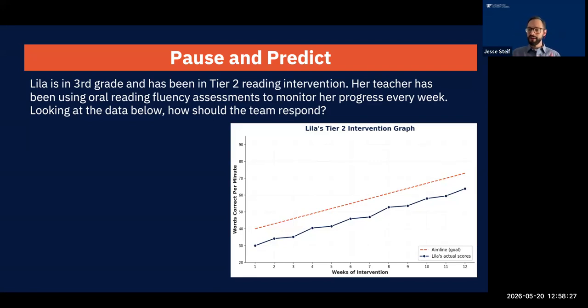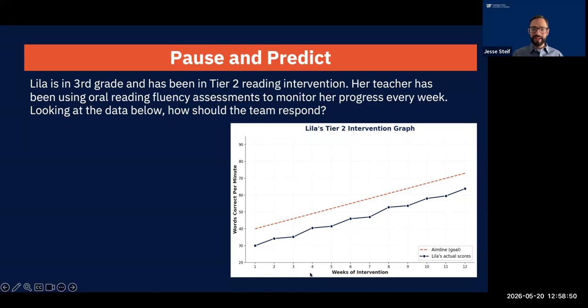The blue line is her weekly oral reading fluency scores. In week one, she was reading at a rate of about 30 words per minute. Then at week 12, at the end of that graph, she was a little bit above 60 words correct per minute.